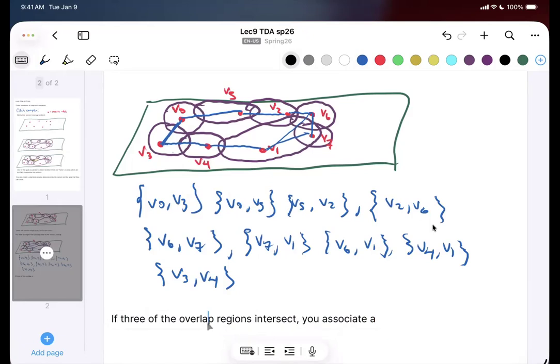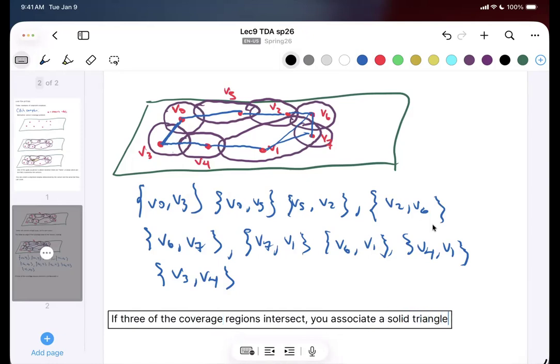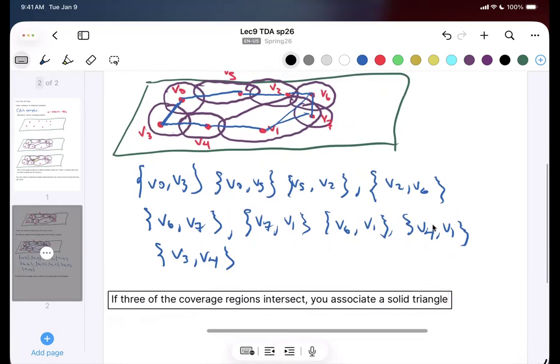Of the coverage regions I meant intersect. So in this picture, if they touch just barely, tangentially, I'm not considering that as an intersection, meaning there's actually some area trapped between the two regions.